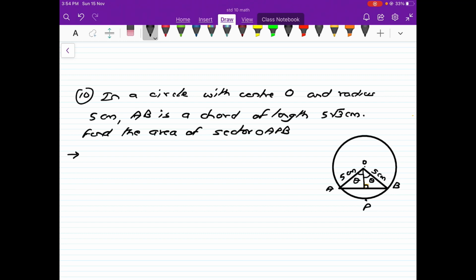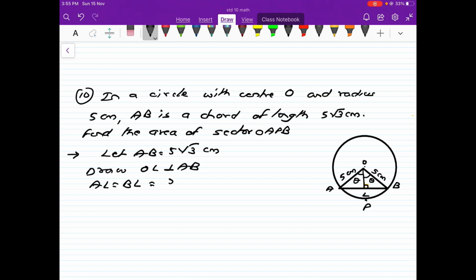Let AB be 5 root 3 centimeters, which is given. So we will draw OL perpendicular to AB. In that case, we can write AL is equal to BL is equal to 5 root 3 upon 2.